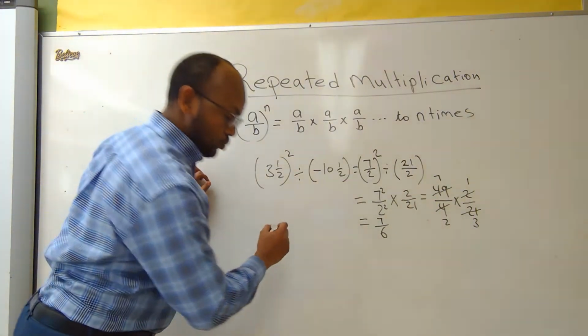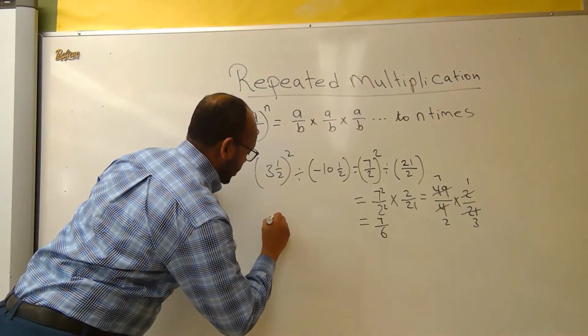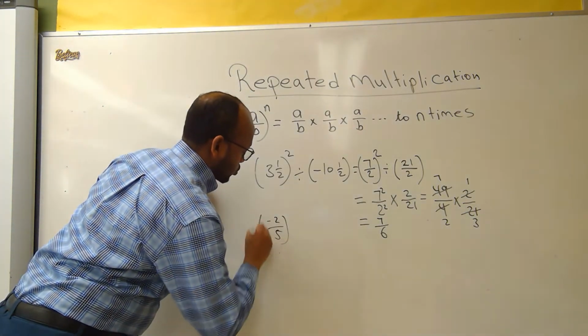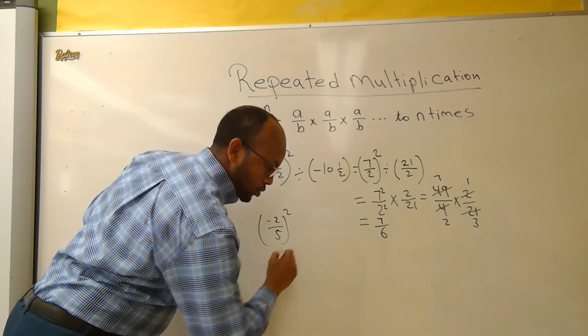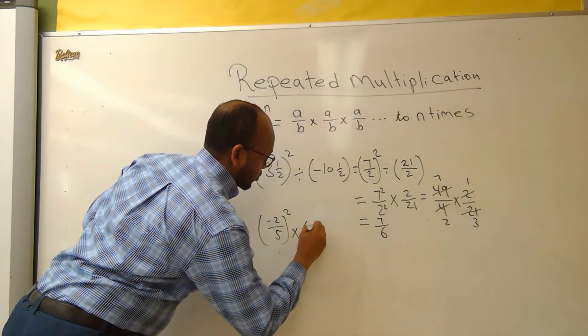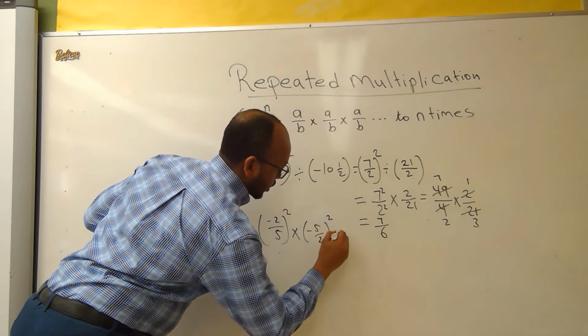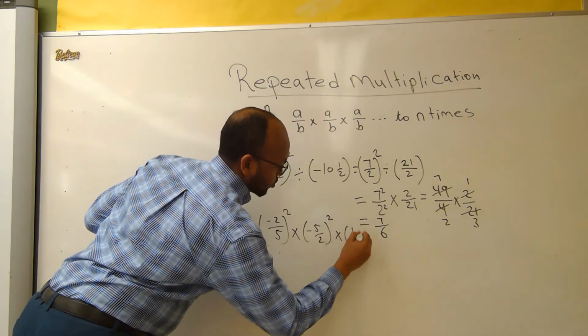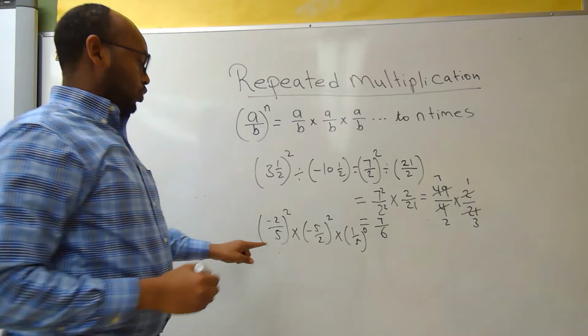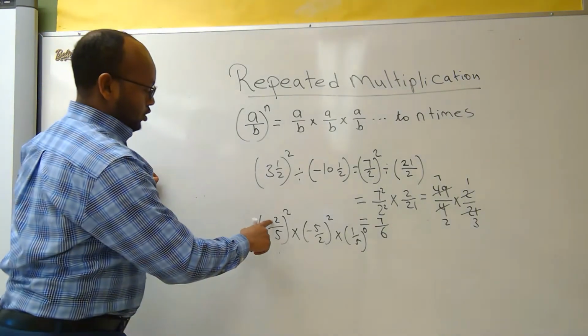Let's do another example. If you have minus 2 over 5 power 2 times minus 5 over 2 power 2 times 1 over 5 power 0. What you're going to do, first step, we square this one.